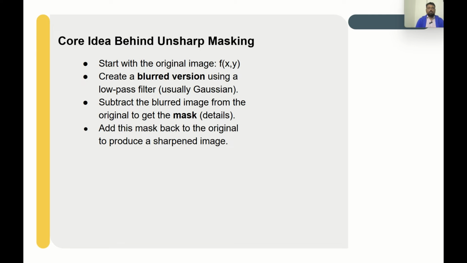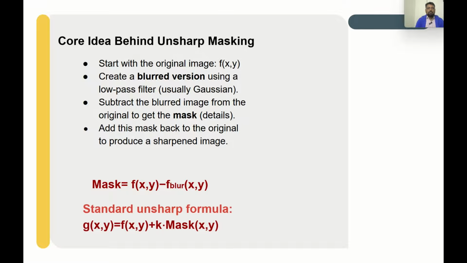So basically what it does is take the image and obtain a blurred version of it, then subtract that from the original image, and whatever value comes out, it adds to the original image. So you can see what happens. At first we have the input image f of x, y, minus f blurred.